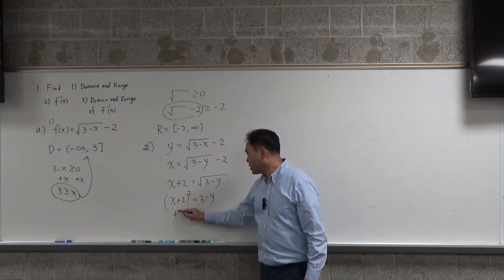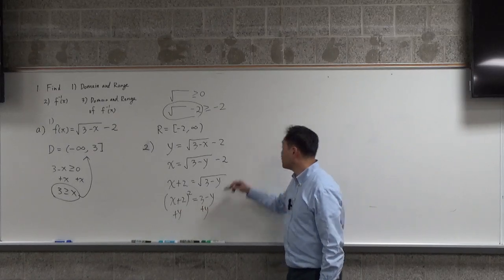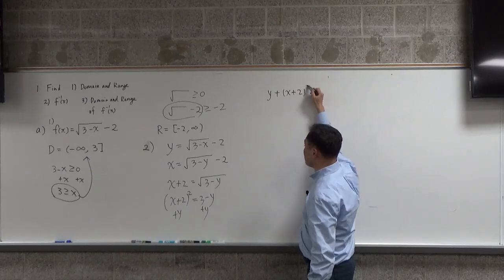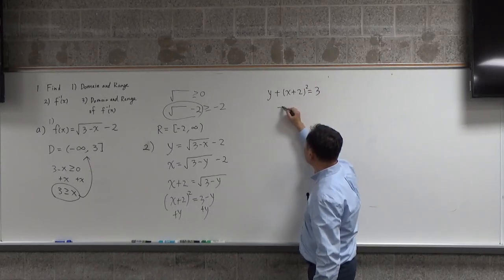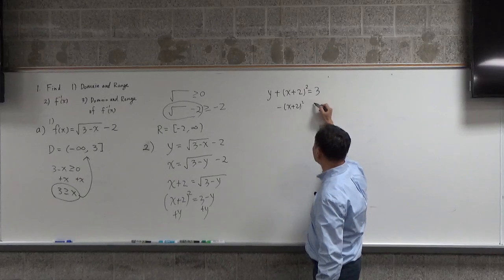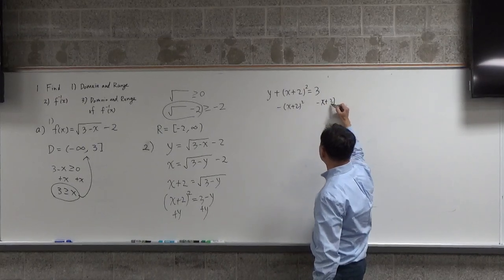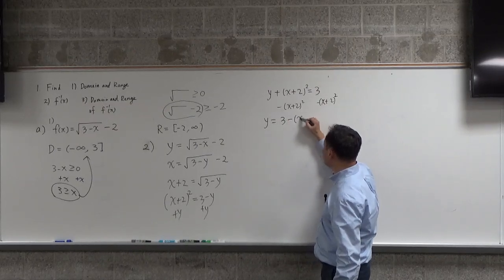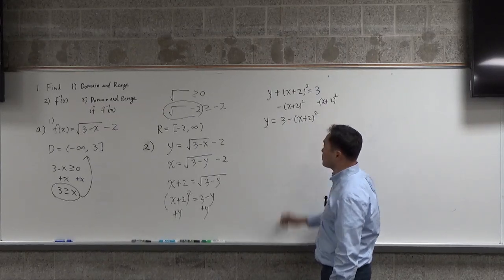and then add y both sides, which gives you y plus x plus 2 squared equals 3. And now subtract x plus 2 squared both sides. And you get y equals 3 minus x plus 2 squared.